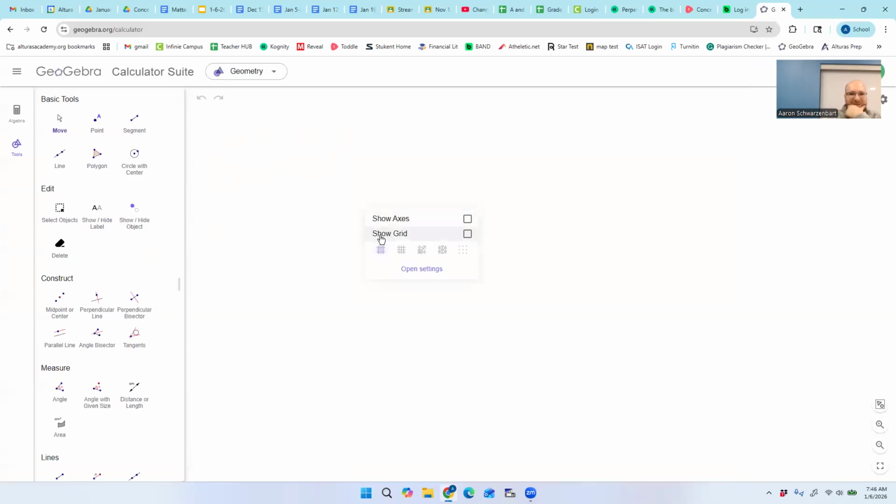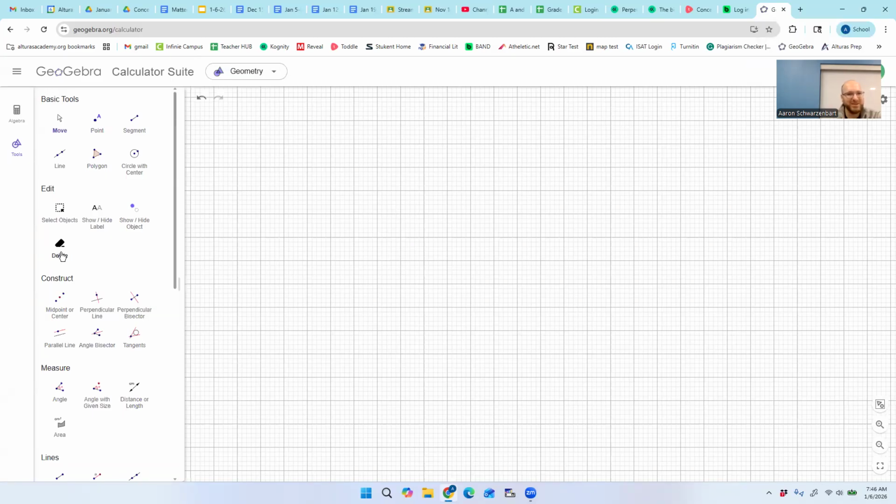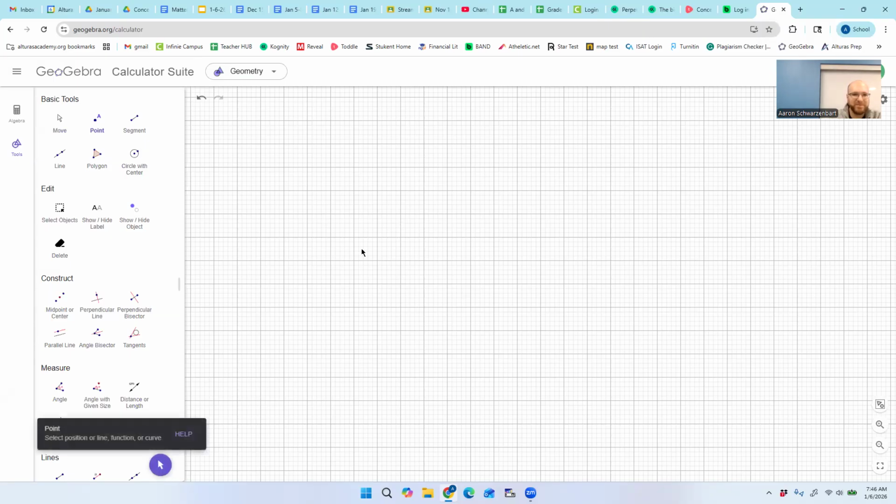There is a way to put a grid on this if you want. So I've got A and B. I can make circles and construct a perpendicular bisector this way.